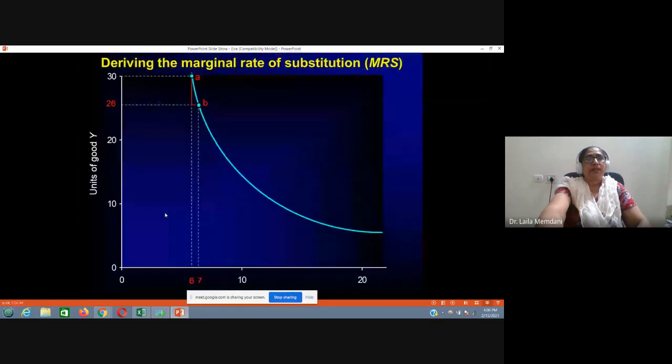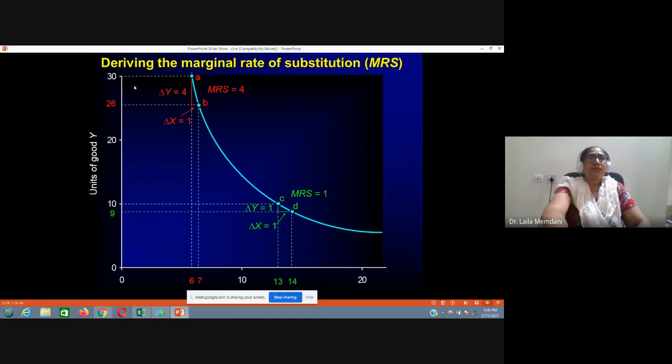Now, diagrammatically, we see that from 30, he is giving up 4 units, that is coming to 26, in order to get one more extra unit of commodity X. From 6 to 7 he is coming. Here, from 30 to 26.